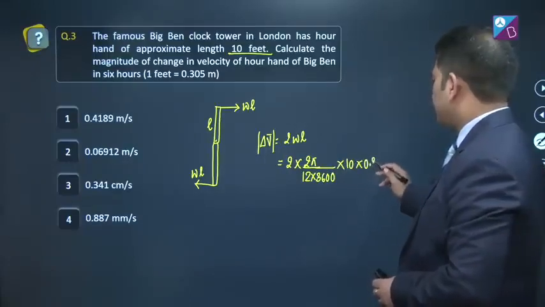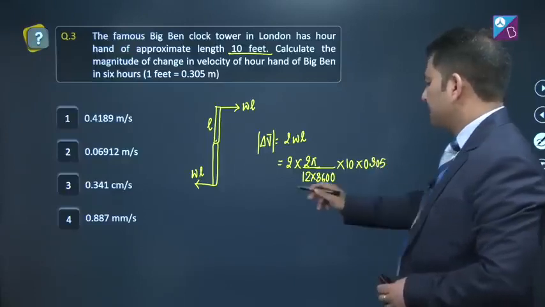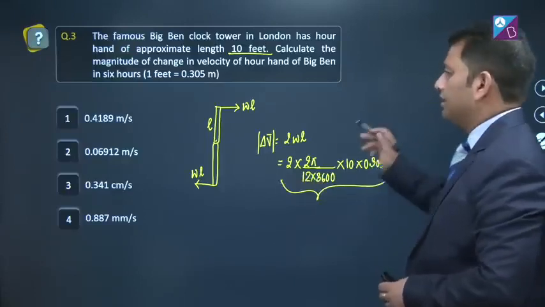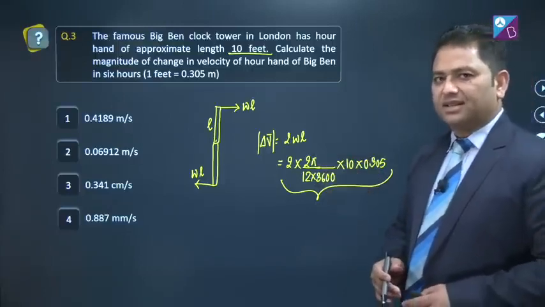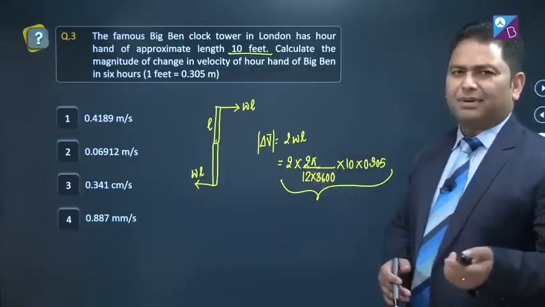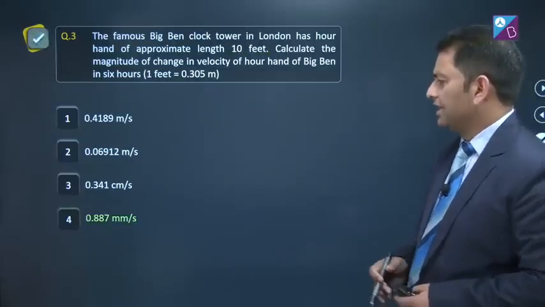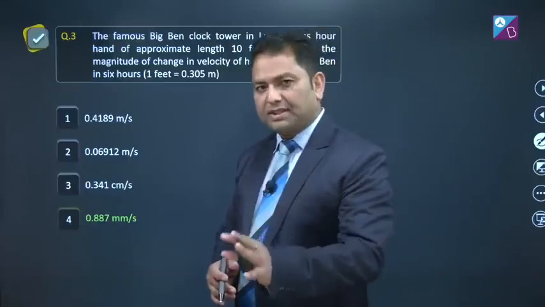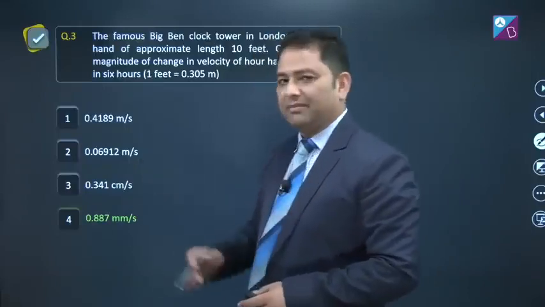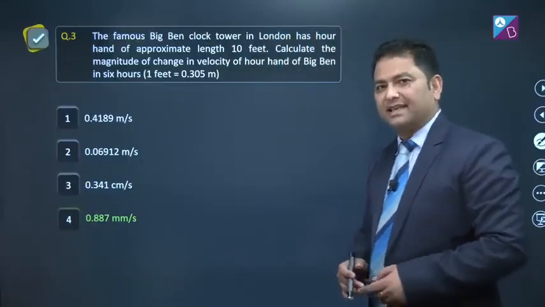So 0.305. So this much meter per second will be the magnitude of change in velocity. Solve कर लीजिए, simple mathematics है, simple multiplication है. So eventually उस meter per second को आप 1000 से multiply कर दीजिए. Option will come in millimeter per second.